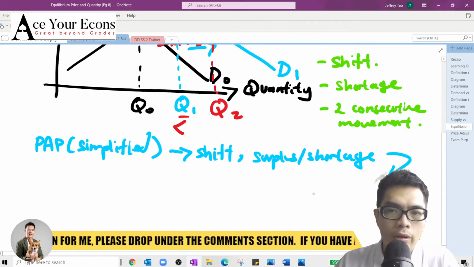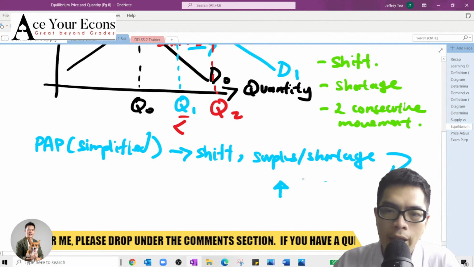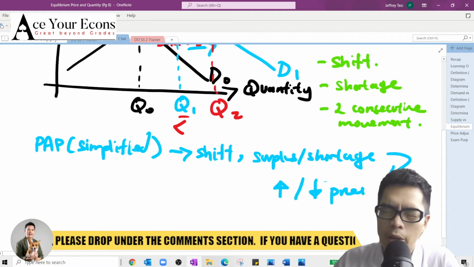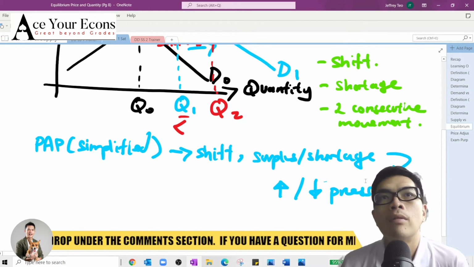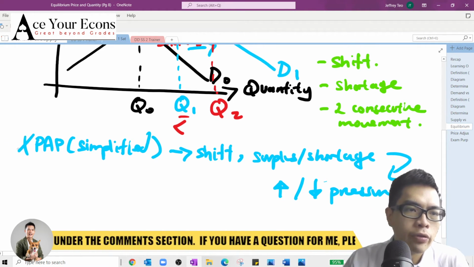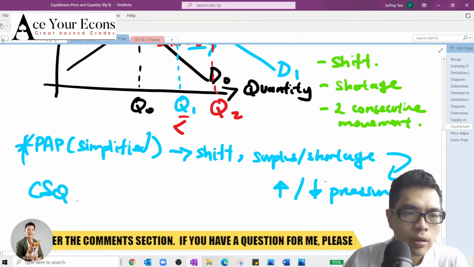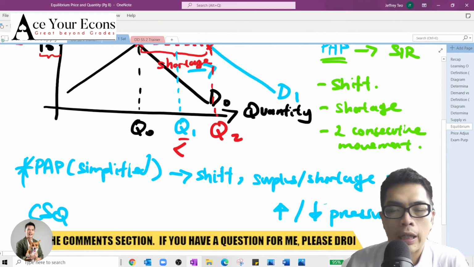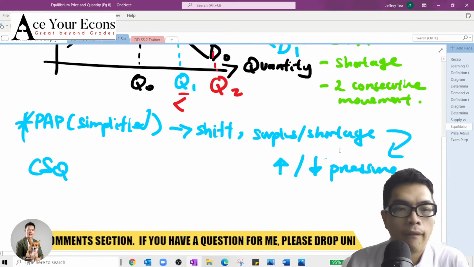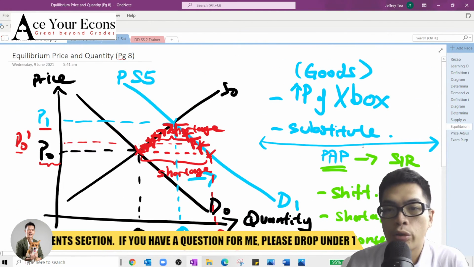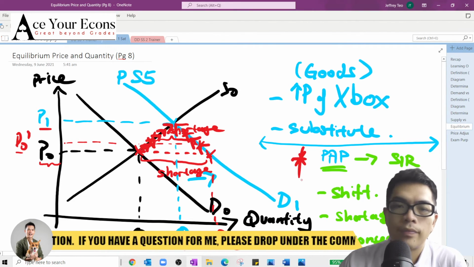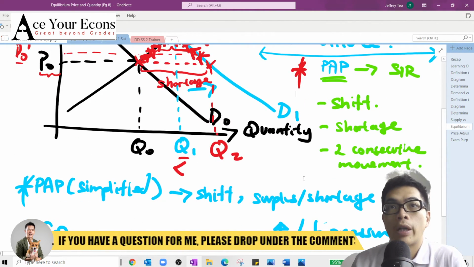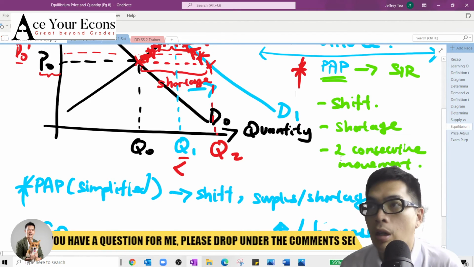So what did I mention? Upward or downward pressure on equilibrium price. This is exceptionally useful in case studies that do not require extensive PAP. For my H2 students, the essay part is important, especially when the questions deal with surplus or shortage.